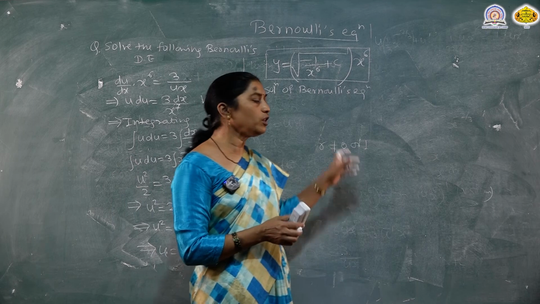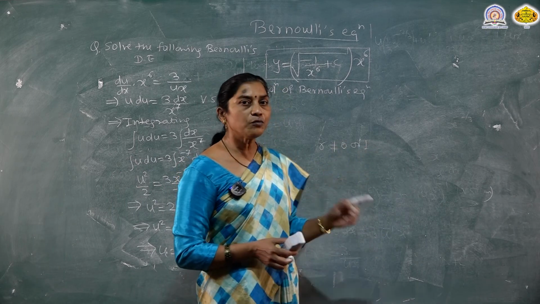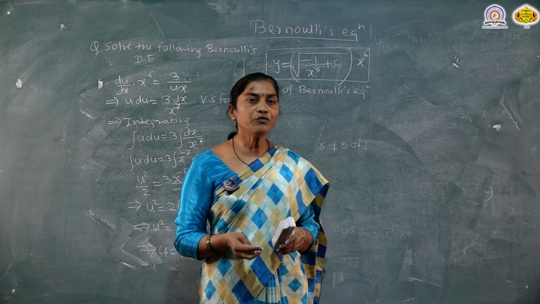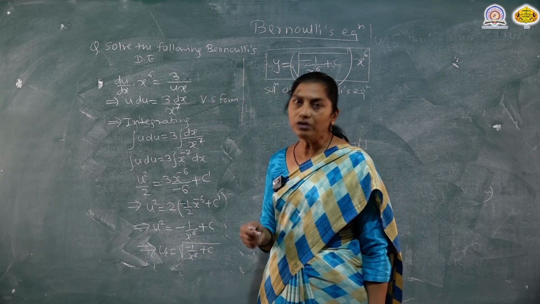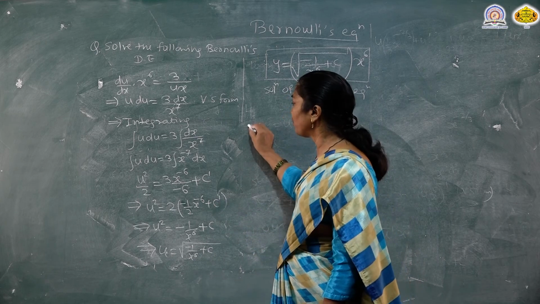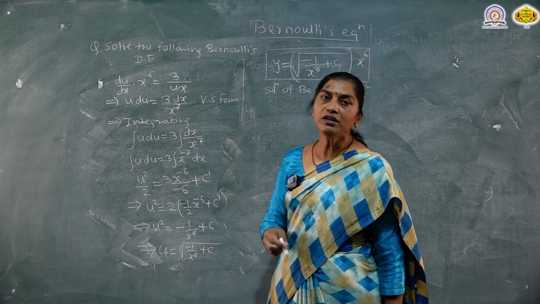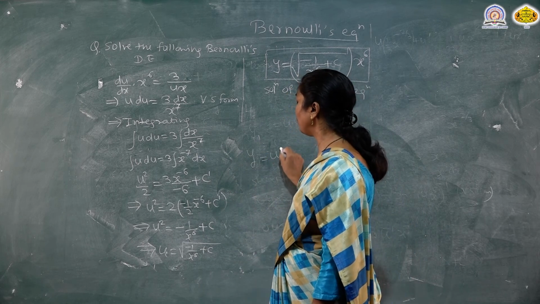To solve a non-linear differential equation, we use the method of variation of parameters. We start with the complementary equation. Its solution is denoted by y1, and once we get the value of y1, we find the last solution, that is y is equal to u into y1.